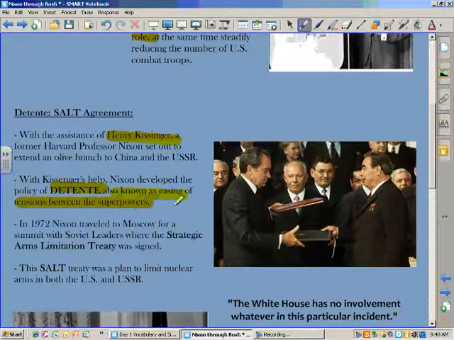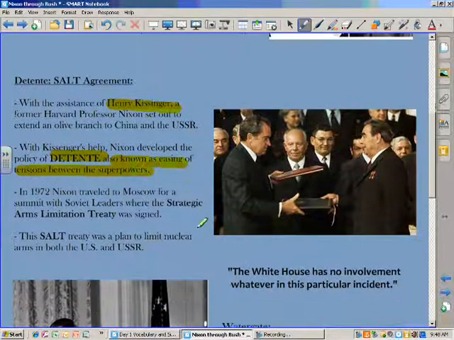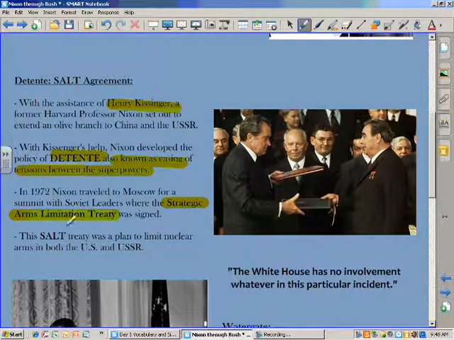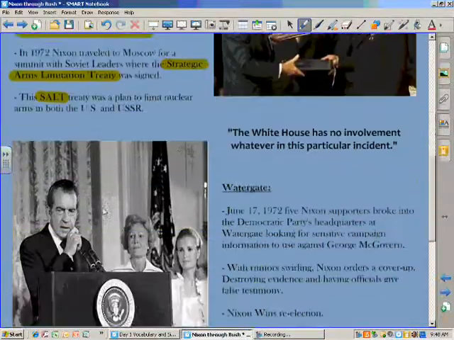This is something that's going to be important that you're going to have to make sure you remember. In 1972, he then traveled to Moscow for a summit with the Soviet leaders where the Strategic Arms Limitation Treaty was signed. This is also known as the SALT Treaty, and it was a plan to limit the number of nuclear arms in both the United States and the Soviet Union.